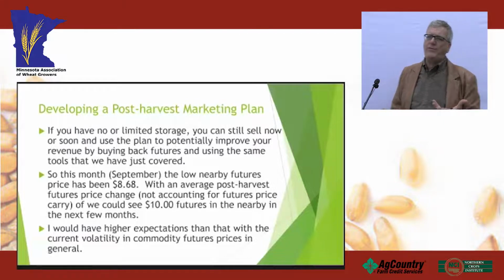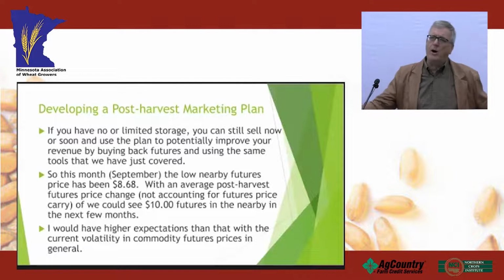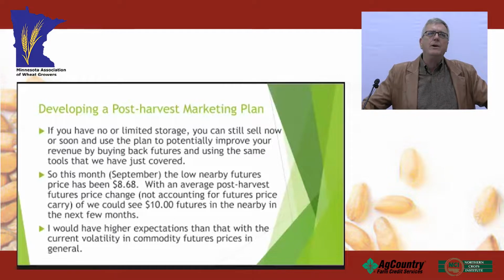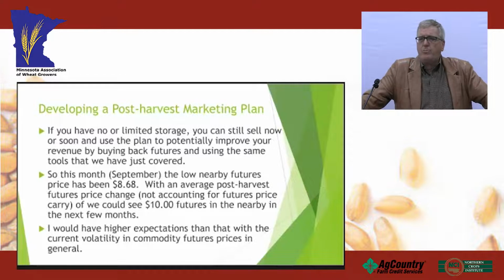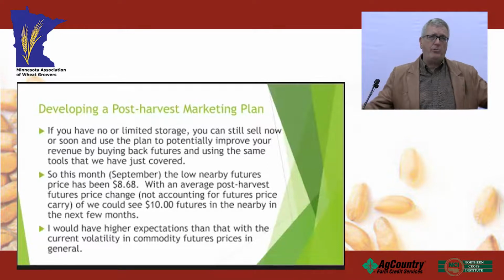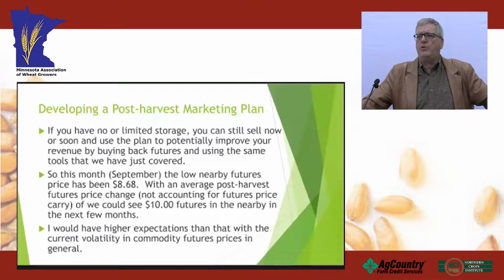Okay, so with all that said, so far this month our September futures low has been $8.68. That was the nearby futures. Now we're in December because September no longer exists. With an average post-harvest futures price, not accounting for futures price carry, I'm just talking about nearby futures, we could very easily see $10 futures in the nearby in the next few months.